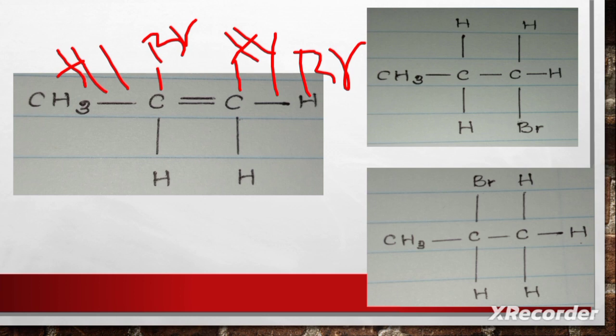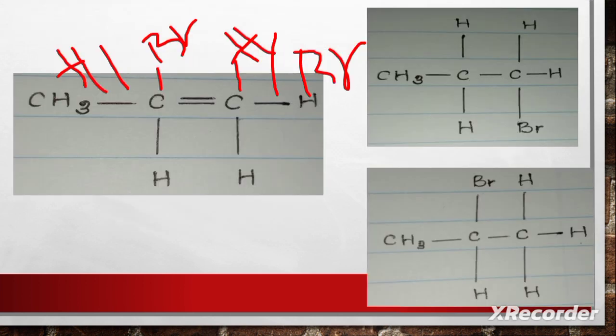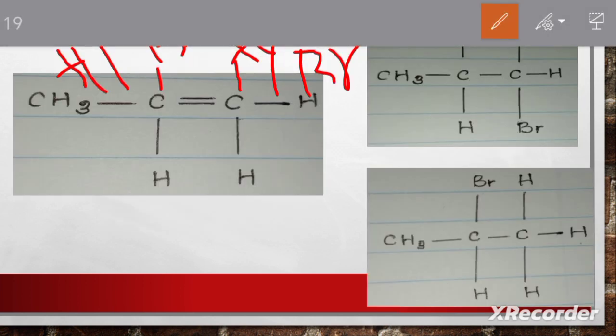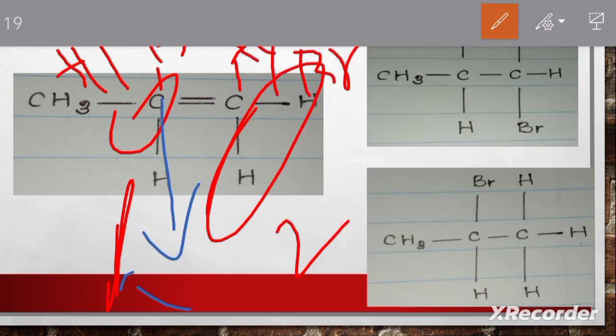So if we think about these two, here this carbon has two hydrogen and this carbon has only one hydrogen. So we have to add bromine to this carbon and hydrogen to this carbon according to Markovnikov's rule.